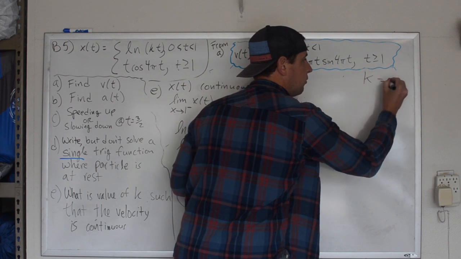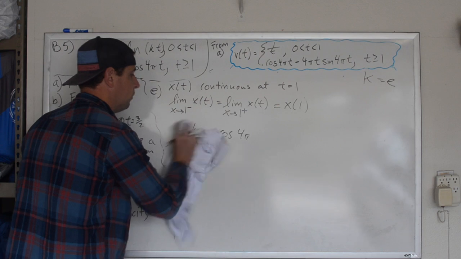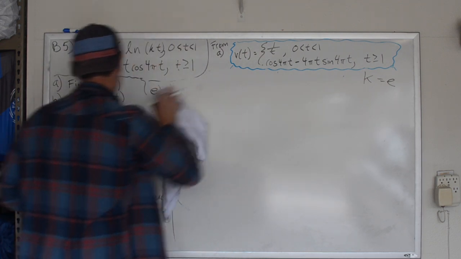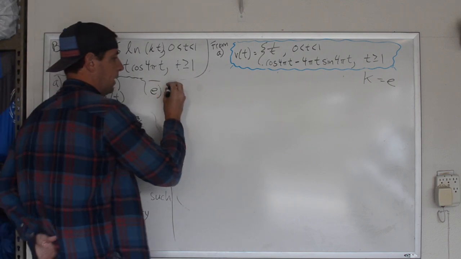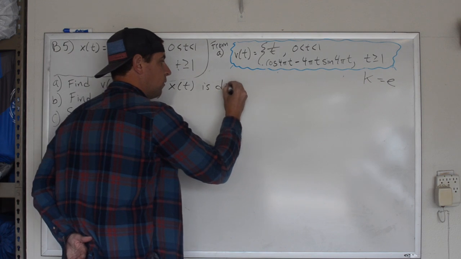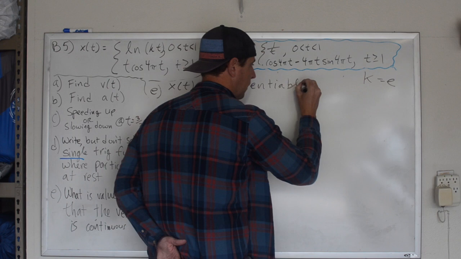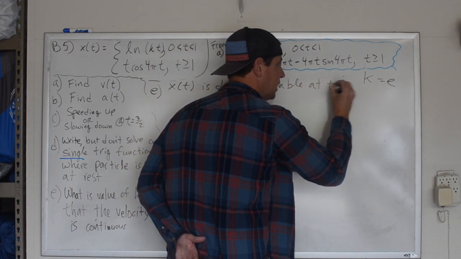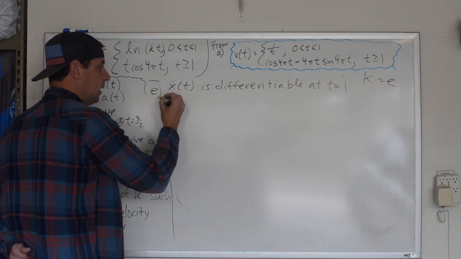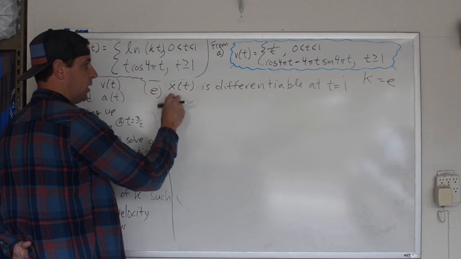We know that k equals e, and so now we're going to check whether it's differentiable at 1. So we need to see that x of t is differentiable at t equals 1. And so when we have that, we're going to be looking for this, and that would be to say that differentiability involves the velocity.